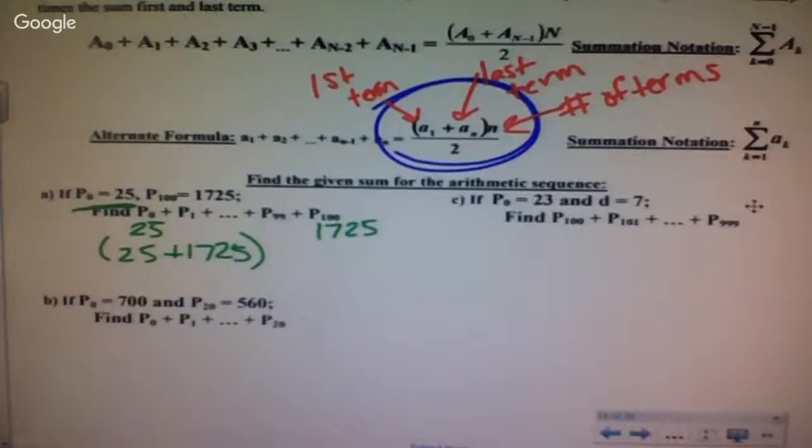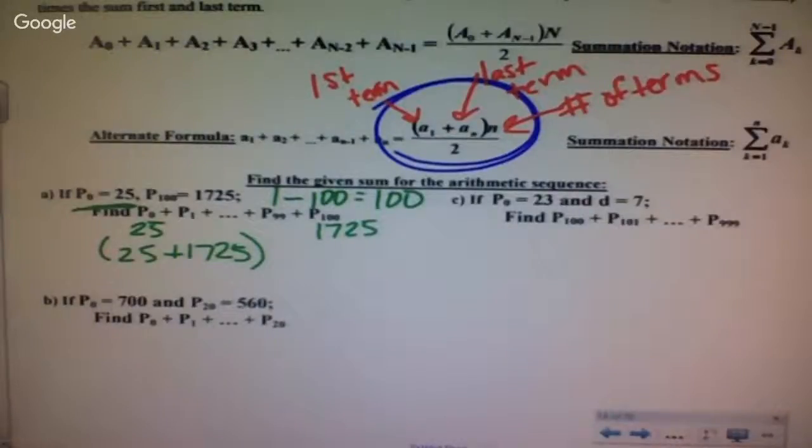Here's my question though. How many numbers are in between P sub 0 and P sub 100? 100. No. 99. No. 100. Why 101? You count the last one, the first one, and everything. Okay, so from 1 to 100 is 100 terms.